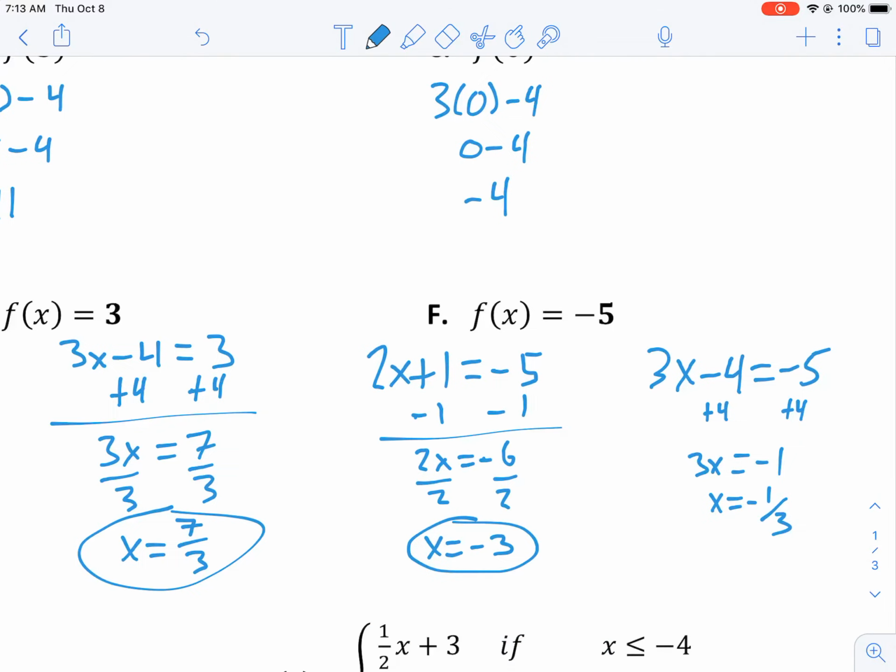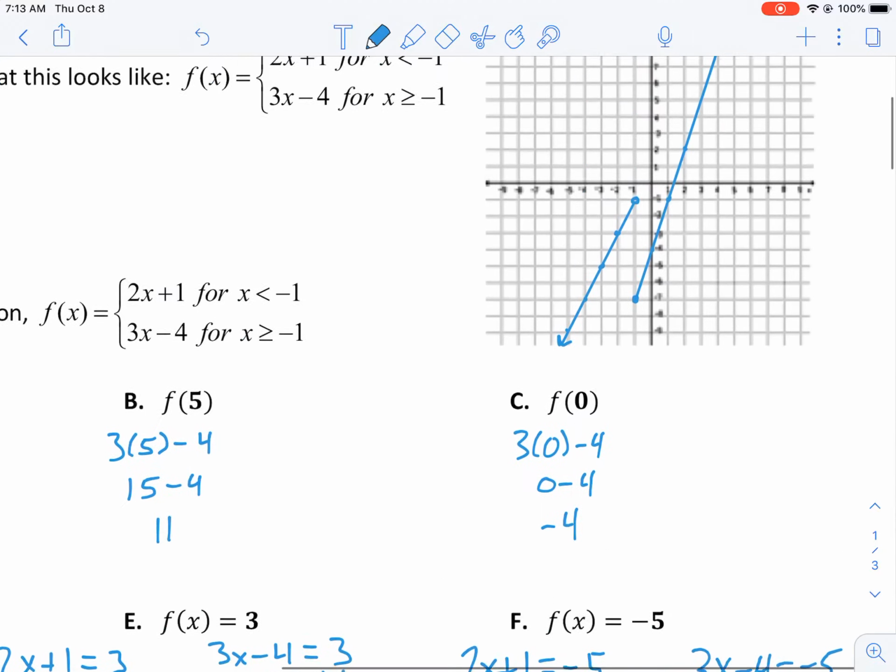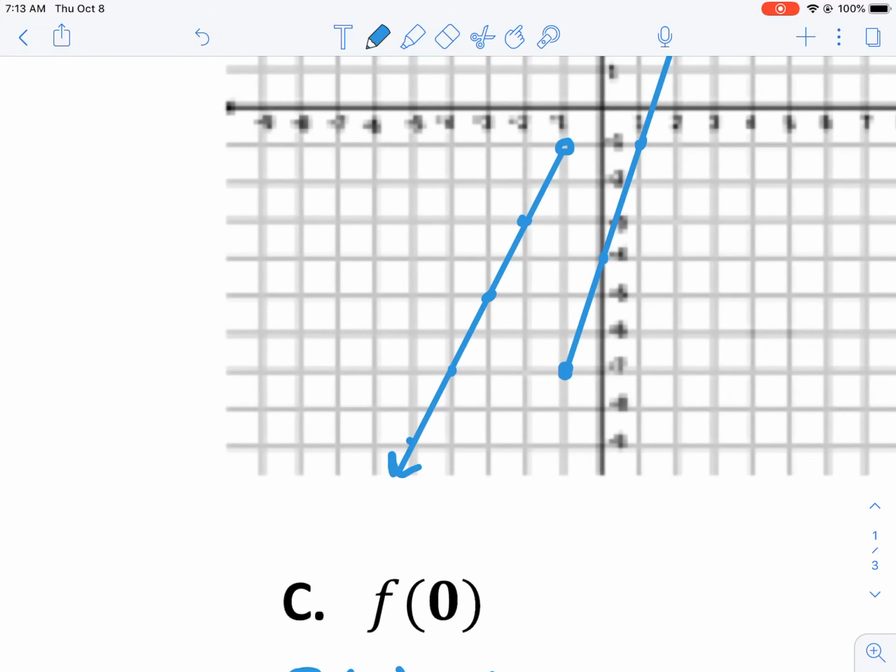Also yes. So this time there's 2 answers that work for this, and that makes sense if you look at your graph and you look at -5. This is -5 right here. We do have 2 intersection points, because this second line goes back down and goes back up again, so we end up hitting -5 twice.